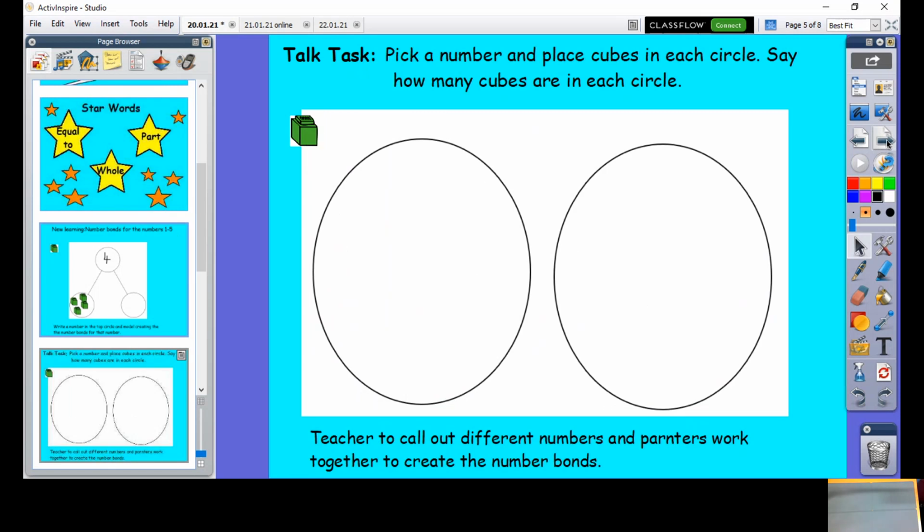Okay, so what I need you to do, boys and girls, is get 2 plates and some items. And you can make some number bonds for yourself. So you could start with 2 in the middle. Then you can separate your number 2 onto 2 different plates. So you could go 1, 2. That's one way you could show it.